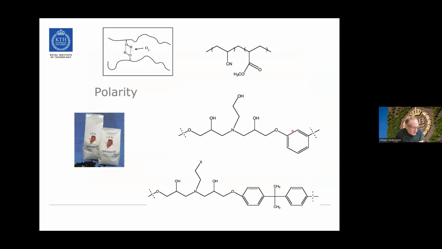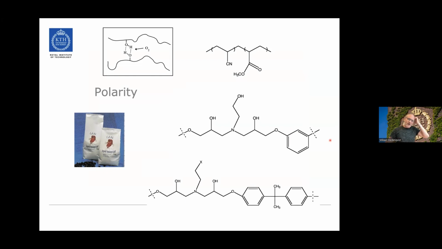We know from work from, for example, Lars Berglund's group that hydrogen bonding is not of extreme importance for the actual mechanical properties in polysaccharides or cellulose-based materials, but hydrogen bonding has an enormous effect on the diffusivity of foreign molecules.